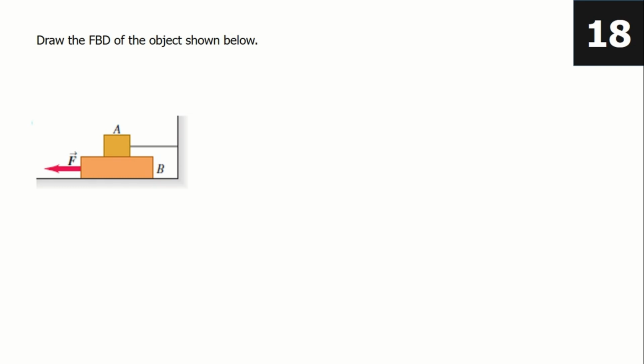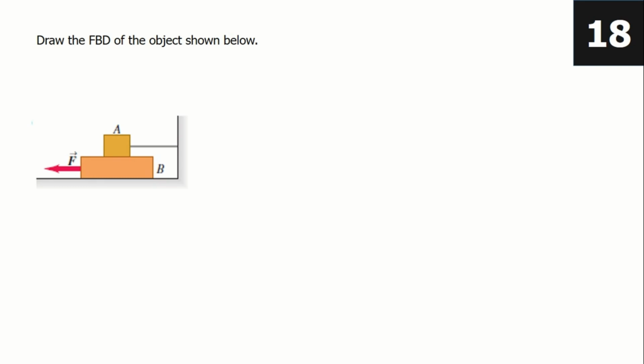Meanwhile, object B is getting pulled to the left by an applied force. So what forces are present on both of them? I have to draw a free body diagram for both objects.